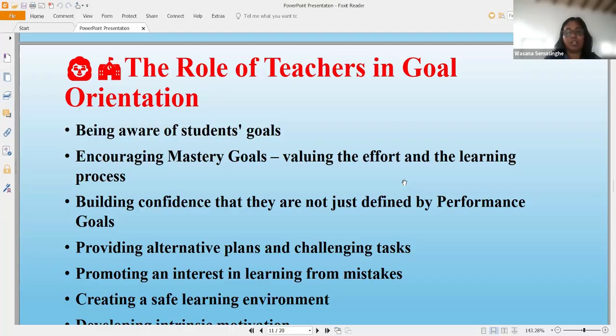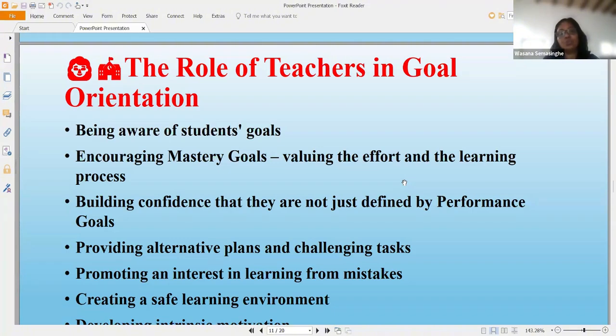Through a supportive classroom environment. In a supportive classroom environment, students feel safe. They feel safe to ask questions. They feel safe to make mistakes. And they feel safe to learn from them without fear of embarrassment.